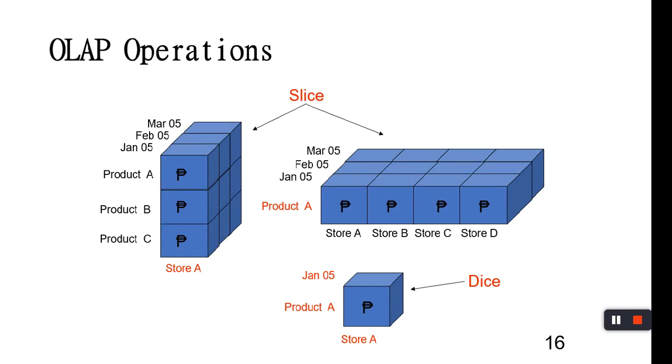Okay, so from our example a while ago, if you want to do slice, again, just pick one dimension. So this is slice, and then dice is when you get a specific subcube from the original huge cube.